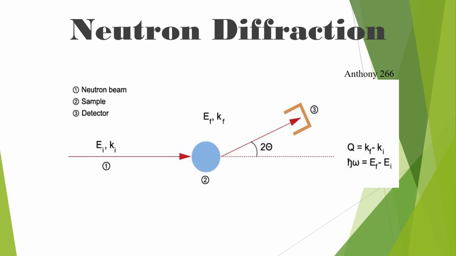They are also diffracted, or scattered, to a certain angle, which is recorded on the film, and the diffraction pattern is noted in the recorder. The details about neutron diffraction will be studied in the coming slides.